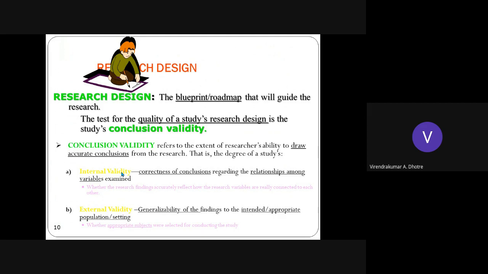Internal validity indicates the correctness of conclusions that come up after the process implementation, and it defines the relationships present between the variables which we have examined.